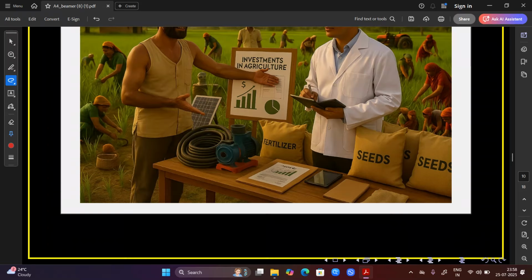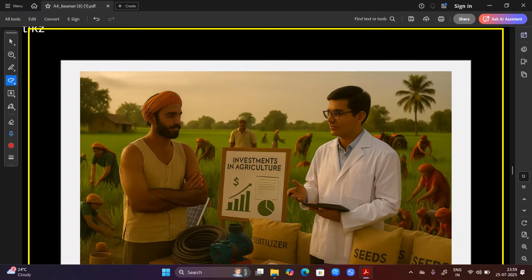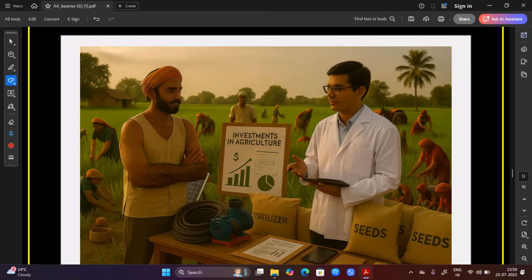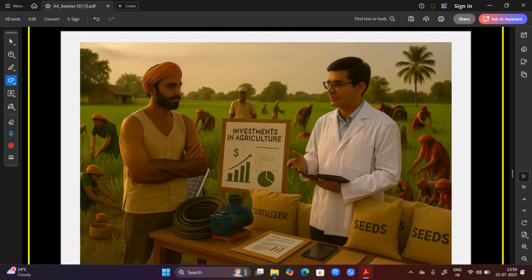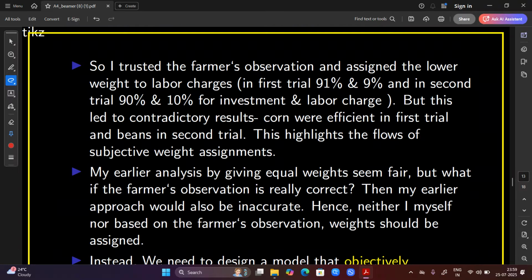Then what to do next? Now see this diagram. Now the data analyst is explaining the former, which I have written in the next slide. So I trusted the former observation and assigned the lower weight to the labor charges.